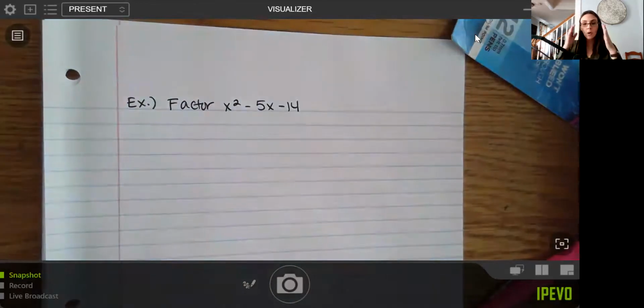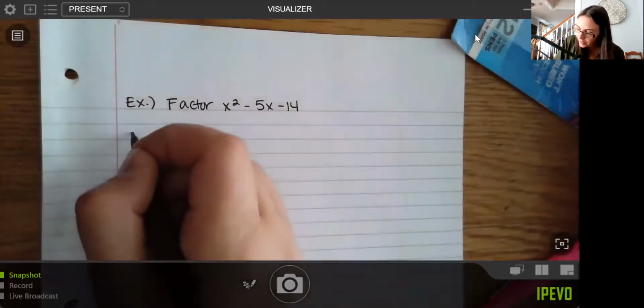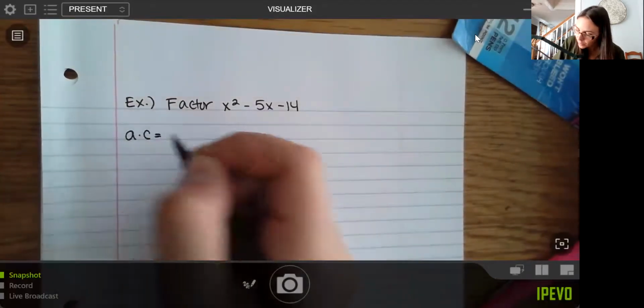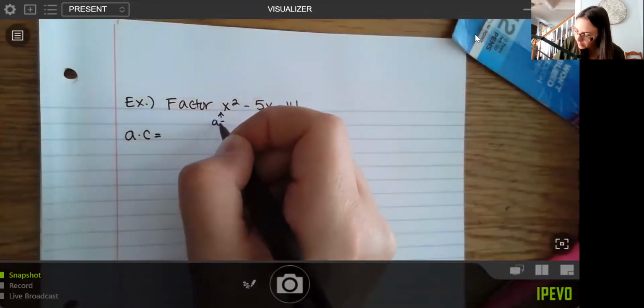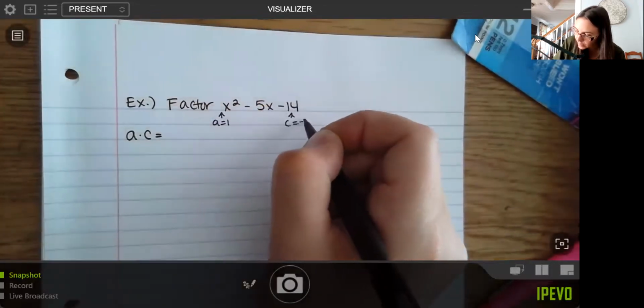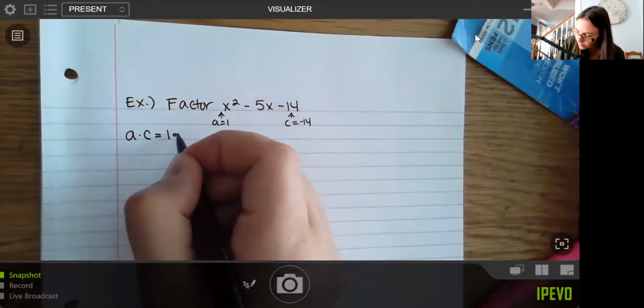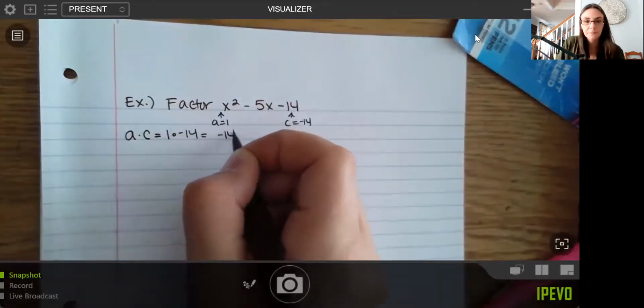Again, you would still look for an overall GCF. My GCF is just 1 here, so I'm not going to factor anything out. And I start by looking at A times C. So my A here is 1, and my C here is -14. So I have 1 times -14, which is obviously -14.